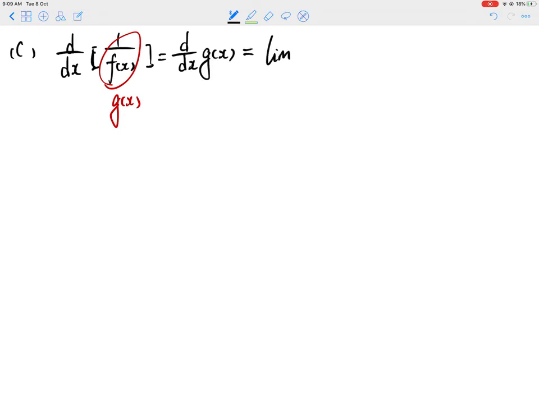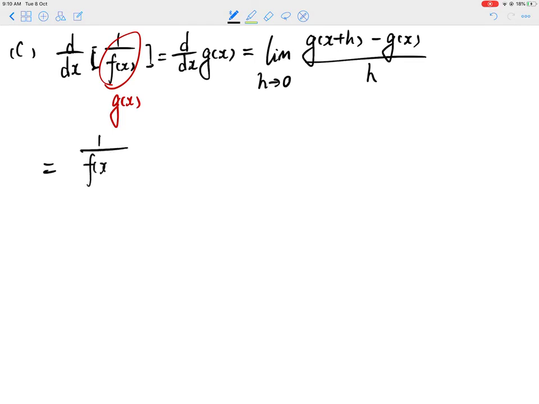It's the limit as h approaches 0 of g(x plus h) minus g(x) over h. So g(x plus h) is 1 over f(x plus h). You just substitute x plus h there. You get 1 over f(x plus h) minus g(x), which is 1 over f(x), over h.